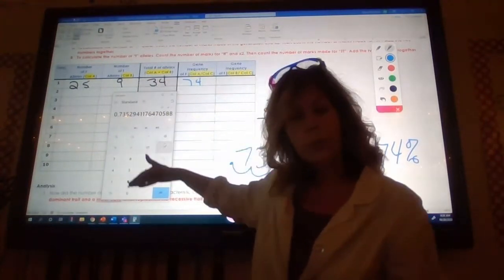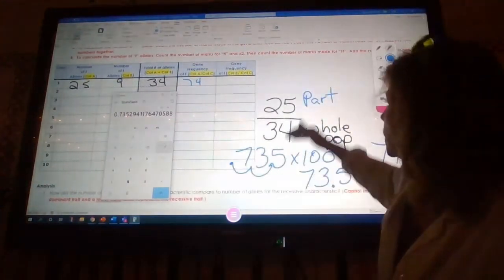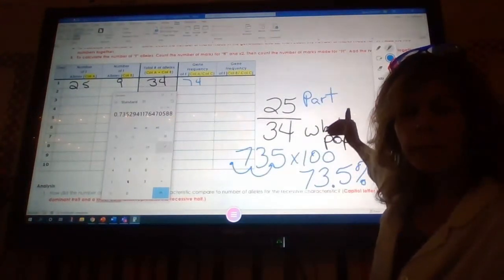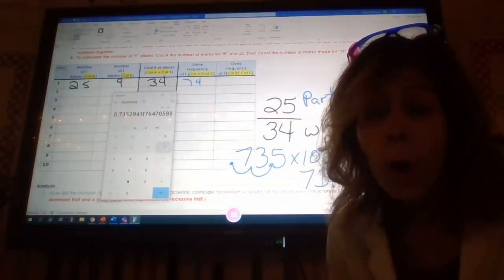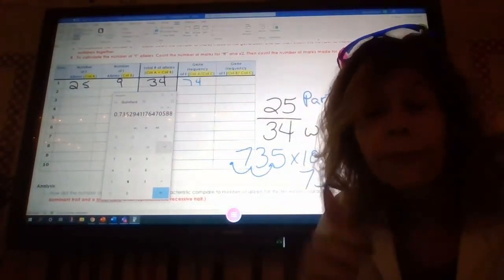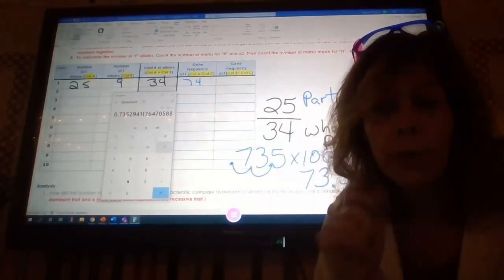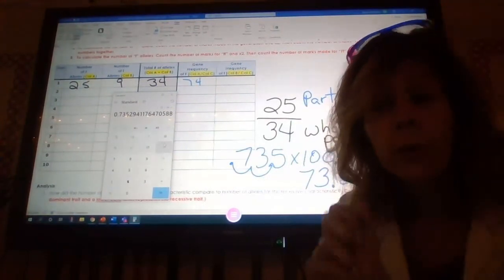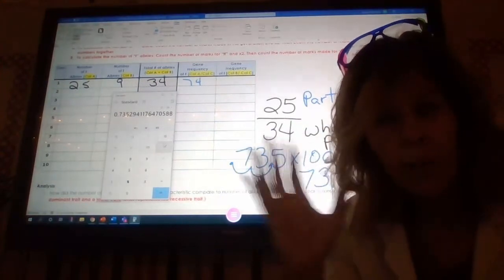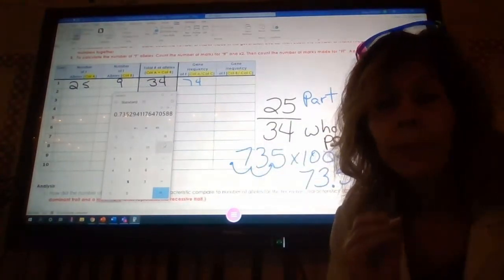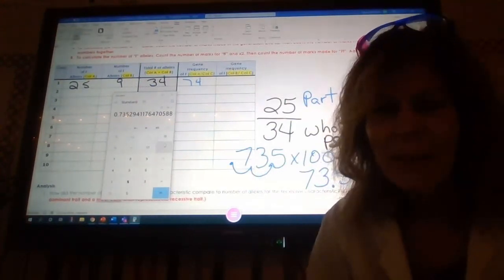And that's what you do for your whole table. So remember, frequency is the part divided by the whole. If you get a number that's bigger than 1, you've messed up and you flipped your numbers. You want the smaller number up top and the bigger number on the bottom. And so when you divide it, you will get a decimal less than 1. And that's kind of how you can mentally check yourself if you're on the right track. Okay, happy calculating.